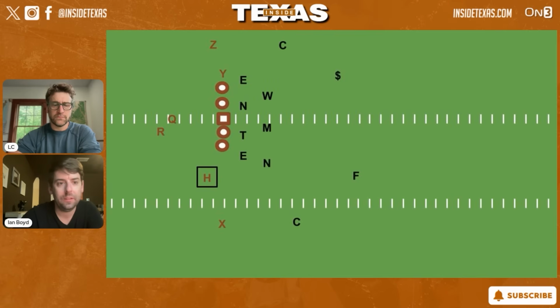He can be sort of like a pseudo tight end. He can be a pseudo running back, or he can be like a diminutive get-open receiver in the middle of the field. And so if you have an athlete where you're like, we're not exactly sure what this guy's going to be best at, but we're pretty sure he's going to be good at football. Right. There's going to be something he's good at. Yeah.